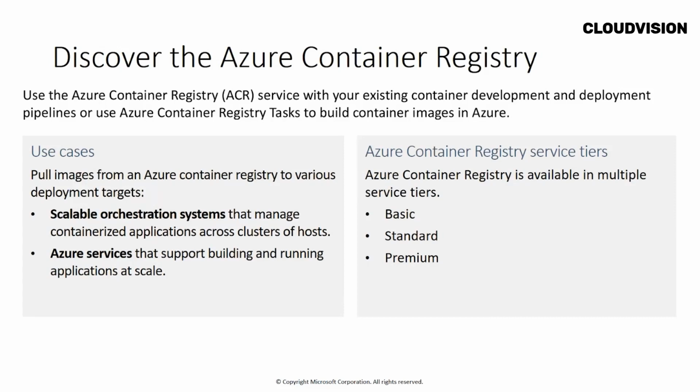So container registry is basically a centralized place where I can keep my container images, which can be used by the developers to create containers for their applications. As per the definition, we can use the container registry service with your existing container development and deployment pipeline, or use Azure Container Registry tasks to build container images in Azure.